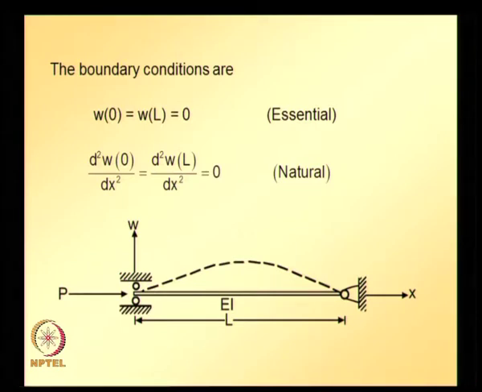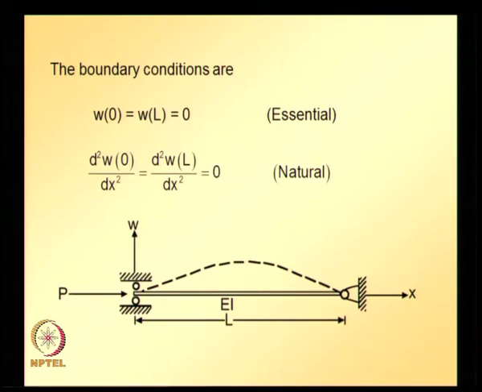So, here the differential equation is of order 4, so 2p is equal to 4, so p is equal to 2. So, those boundary conditions of order 0 to p minus 1, which is 1, are essential. Those boundary conditions of order p, which is 2, to 2p minus 1, which is 3, are natural boundary conditions.